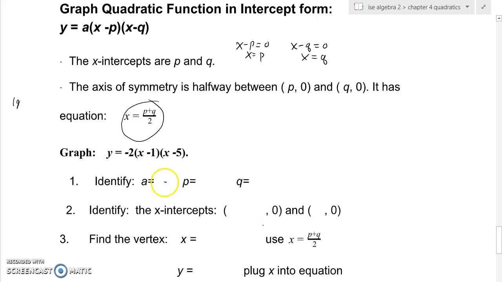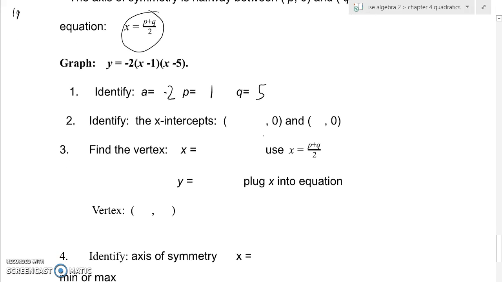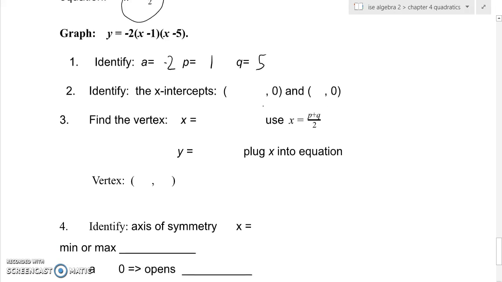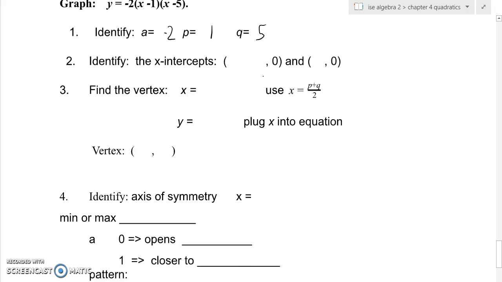And so we identify, this time, our a, our p, and our q. So the x-intercepts are (1, 0) and (5, 0). The vertex is at 1 plus 5 over 2.